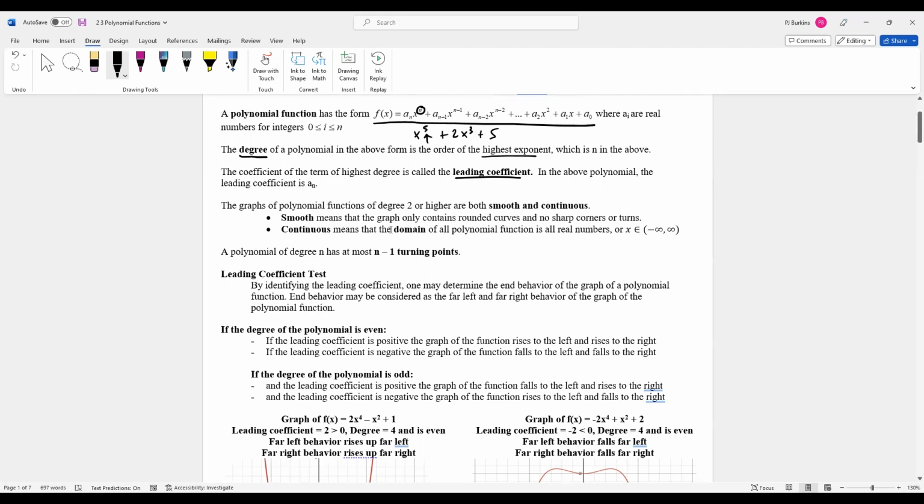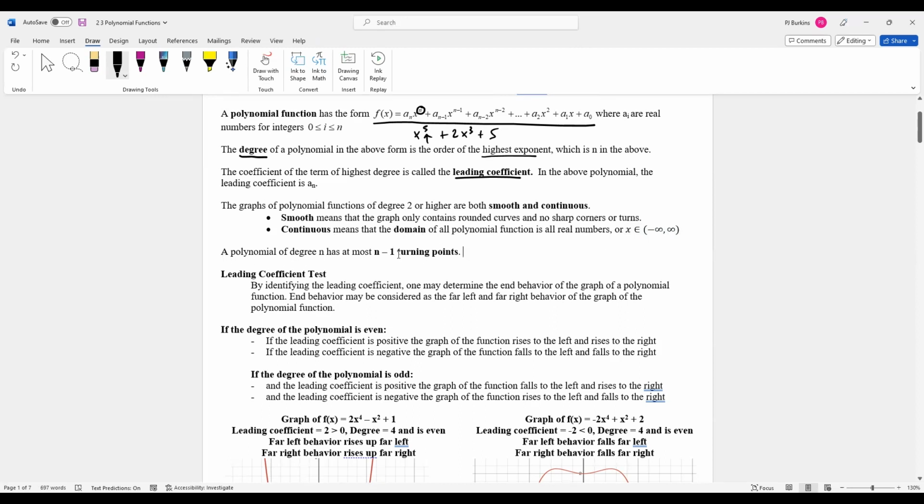So smooth means that the graph only contains rounded curves and no sharp corners or turns. Later on, you might hear these be called cusps. All right. Continuous means that the domain of all polynomial functions is all real numbers. And we had seen this back when we did our quadratics. So any value of x is allowed to get plugged in.